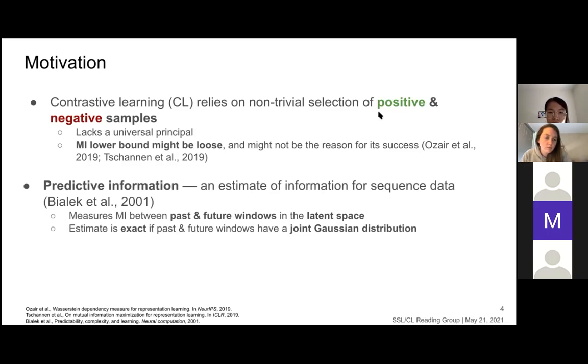Note that it is in the latent space rather than in the input space. One nice property of PI is that the estimate is exact if the past and future windows have a joint Gaussian distribution. We will see that this paper makes use of this property to estimate the PI in their work.